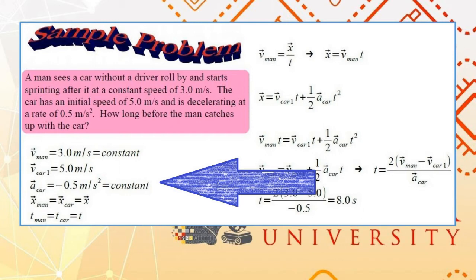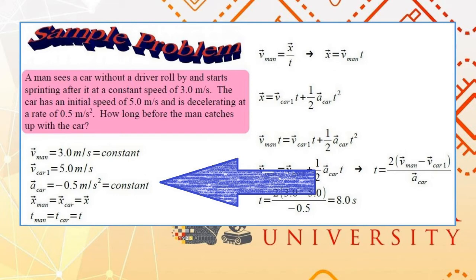Since V car 1 is positive, opposite of positive is negative. Therefore, the acceleration of the car, A car, is negative 0.5 meters per second squared. And since the problem does not give any equation describing the motion of the car, the car is undergoing uniform acceleration. So A car is constant.